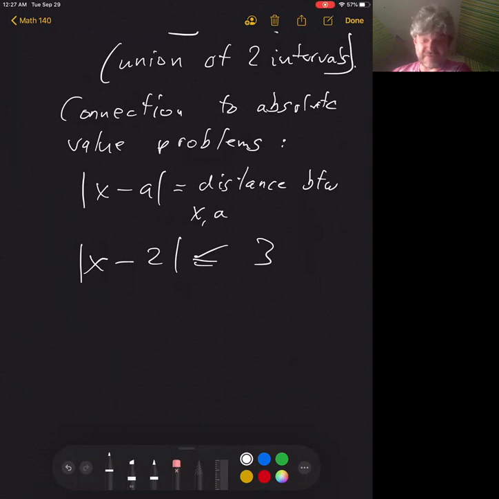That was my very first example, I think. So you can mark the point 2, and then the distance of a point x from the 2 is less than 3. So it's 3 units to the right at most, or 3 units to the left at most. And endpoints included, so that's what we get.